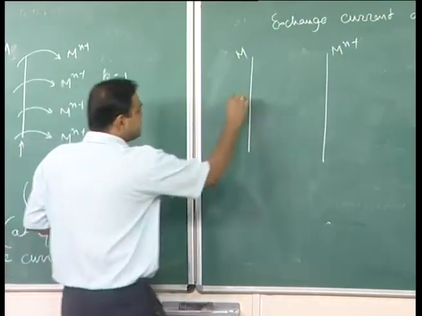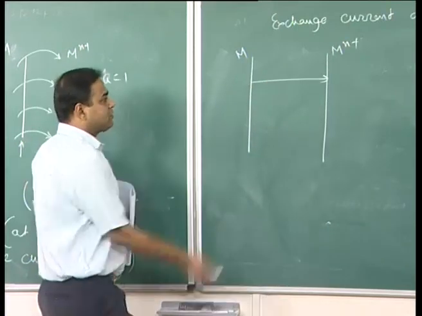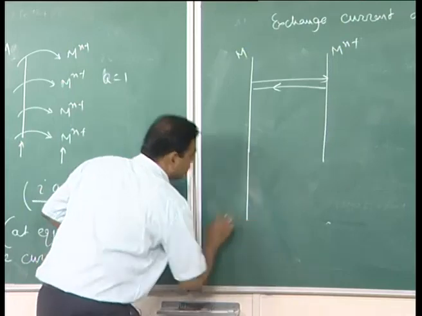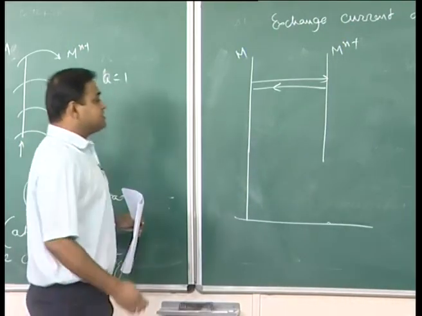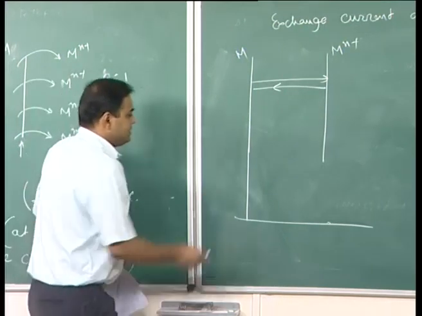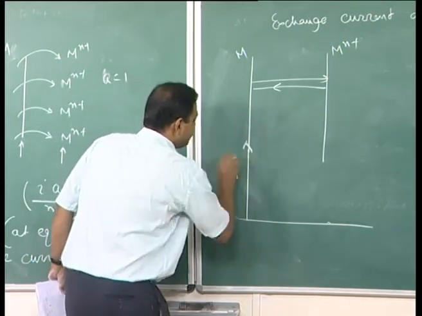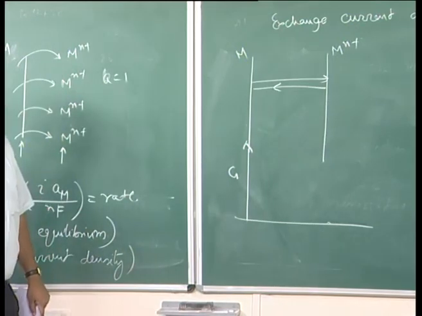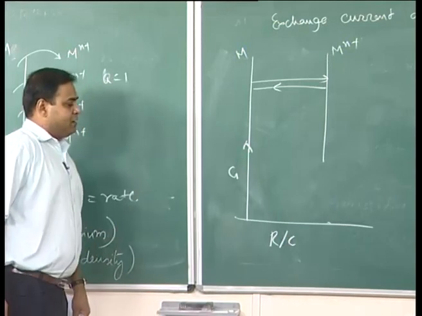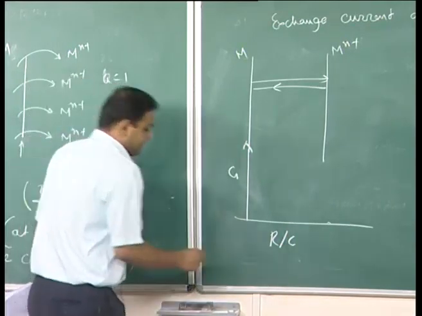Now, if you consider this is my metal surface and this is my ion surface, M and M plus, it is not simply going like this, or simply coming back like this. If you would like to find out the energy situation at these two sections, consider this is my free energy or G axis, and this is my reaction coordinate RC, which is basically the distance.